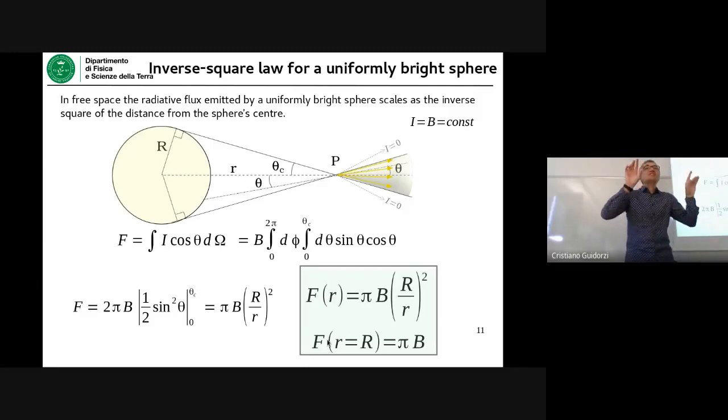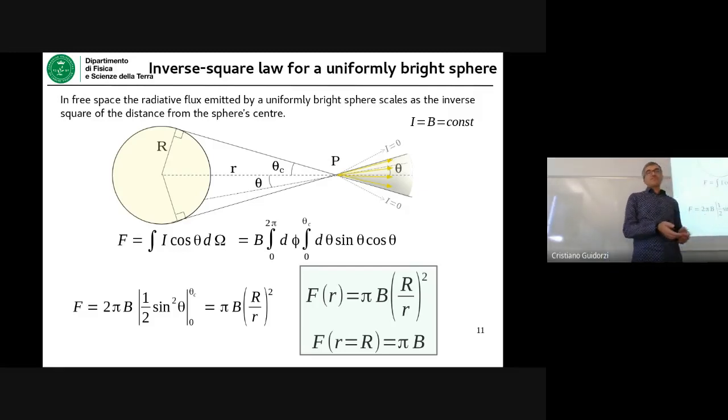Pi works like a multiplication by a solid angle. Multiplying the specific intensity B by pi is kind of like multiplying by a solid angle. And pi is not by chance dealing with solid angles. But this is a special case in which intensity is constant.